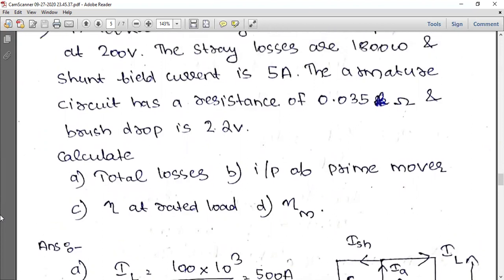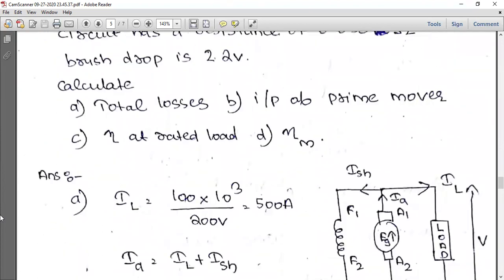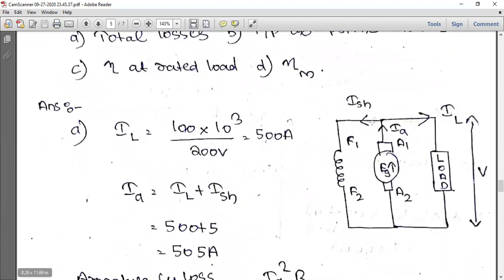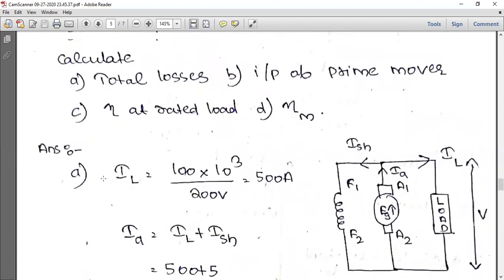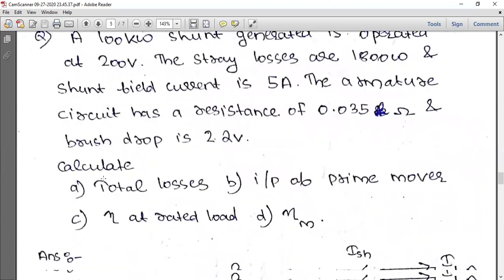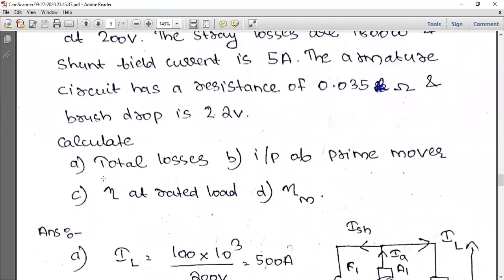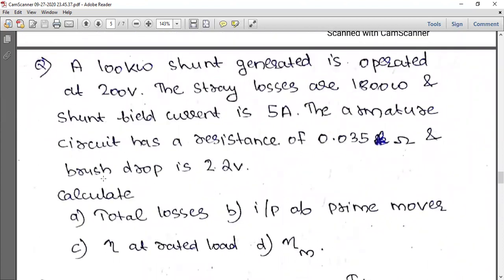We know that it's a shunt generator, so we straight away draw the diagram of a shunt generator, and mark the load current, armature current, and shunt current, because this is a self-excited shunt generator. From the inputs given in the question, we can calculate IL is equal to 100 kilowatt by the voltage 200 volt, which gives the load current IL.